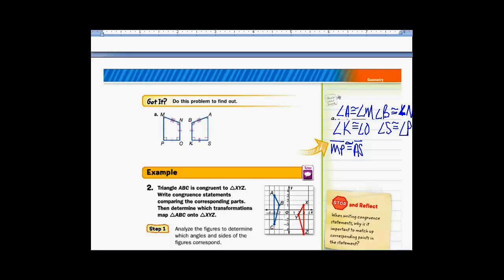I could say that PO congruent to SK. I went outside to inside on both. Now I could do NO congruent to BK.